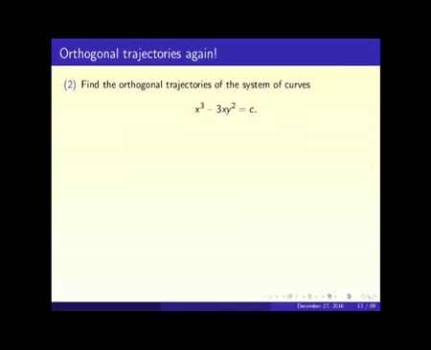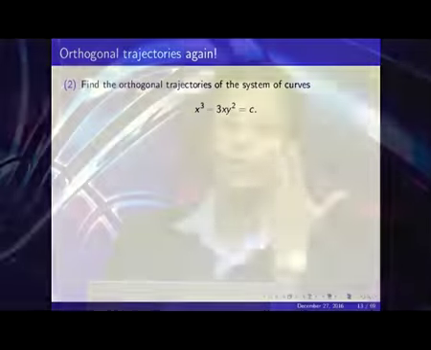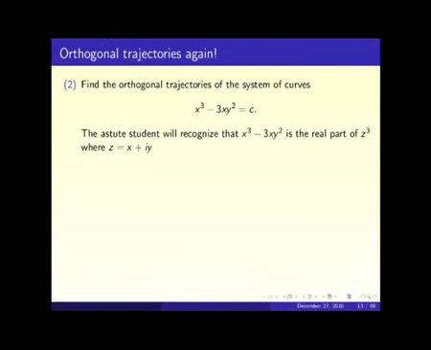Differentiate the equation, c straight away disappears. What do you get? 3x squared minus 3y squared minus 6xy dy by dx equal to 0. The 3 factors out and you get a simple looking differential equation.